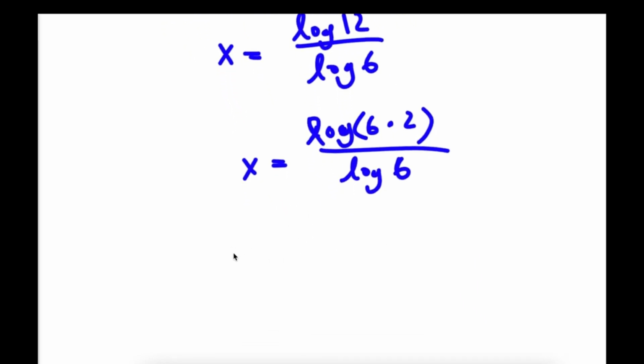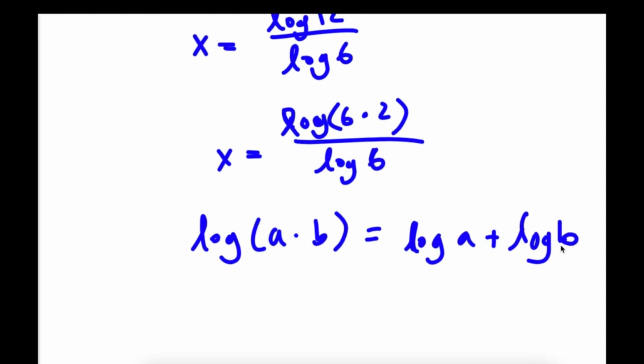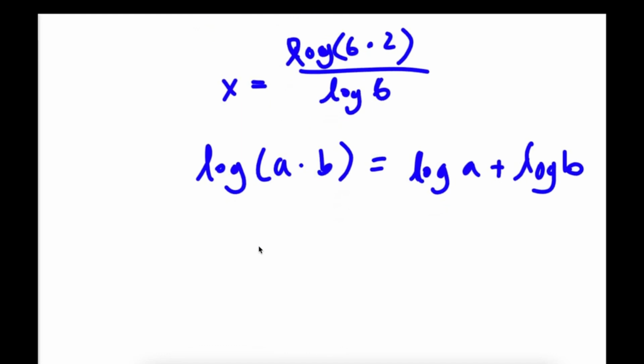And for logarithms, an important property is that if we have something in the form log a times b, this is equal to log a plus log b. And the same obviously applies vice versa. So for x is equal to log 6 times 2, log 6 times 2 would be equal to log 6 plus log 2.